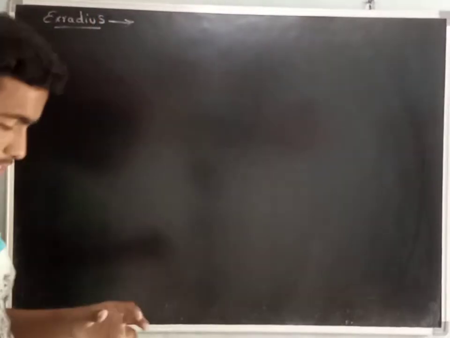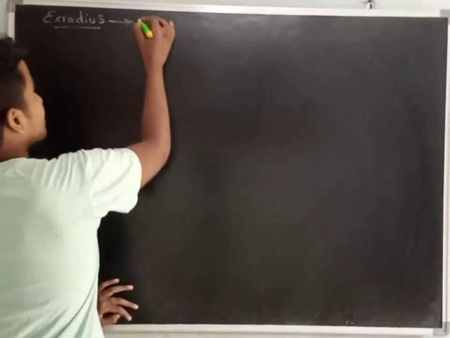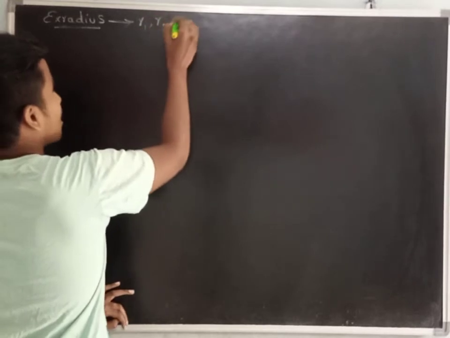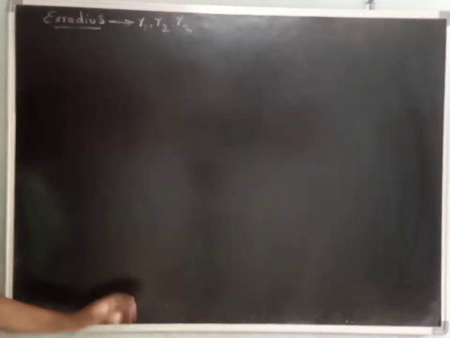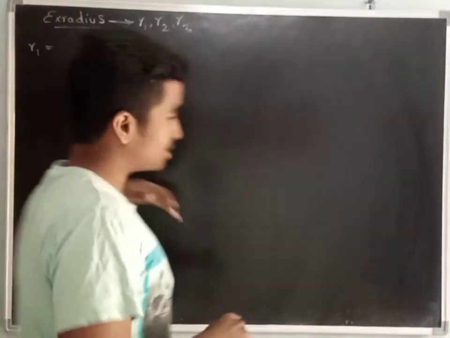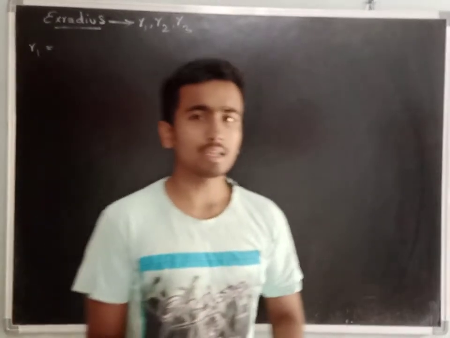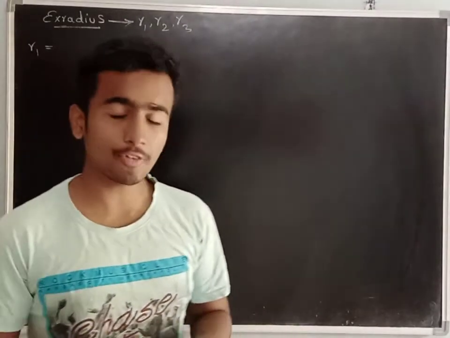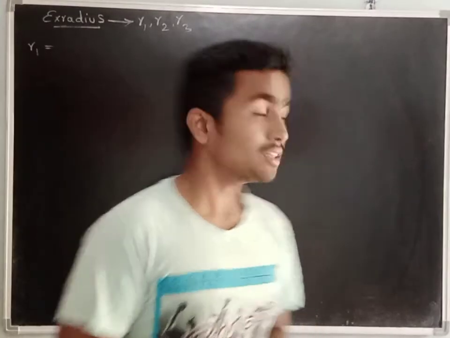Regarding exradius, we have three parameters r1, r2, r3, right? Regarding r1, r2, r3, we have derived different formulas regarding different results, different cases, right?